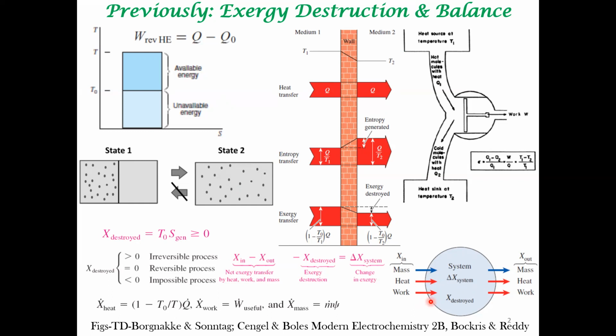For a closed system, this term is zero, but there can be heat and work transfer. And we presented the formula associated with Exergy transfer with heat transfer and Exergy transfer with work and mass too.